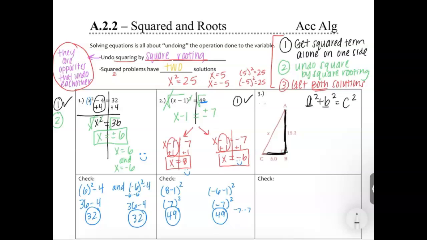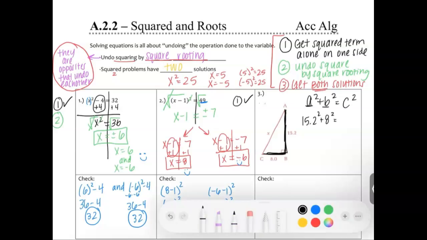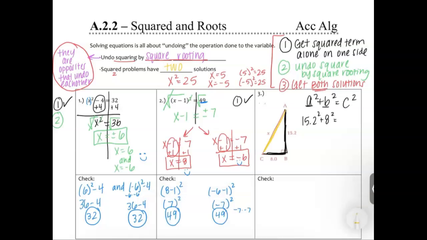This is now a backwards L for leg. And so one of them is going to be 15.2 squared plus 8.0, which is just 8 squared. And it equals the hypotenuse, which is our c. So we don't know that side, so we're saying that that gets to be x squared.